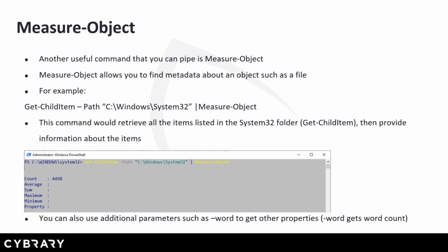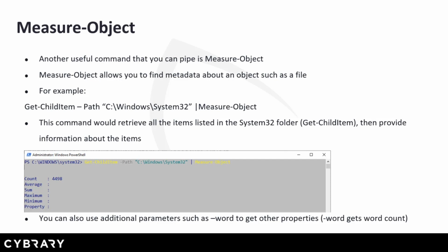Then it provided information. Here it's very simple. It just gave you a count of how many items. In this particular folder on this particular computer, it looks like there are 4,490 items. You'll also see some other items like average, sum, maximum, minimum, property, stuff like that that you can get.